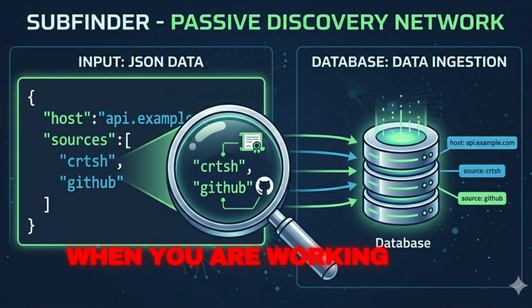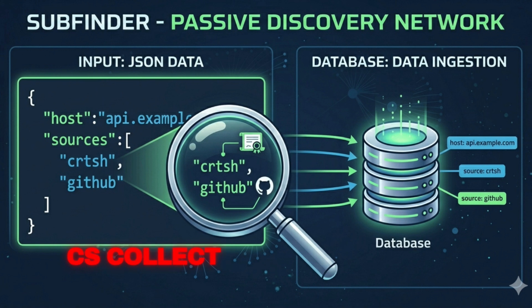When you are working with other tools like jq or Splunk, plain text is not enough. Use -oJ to get JSONL format, one JSON object per subdomain.